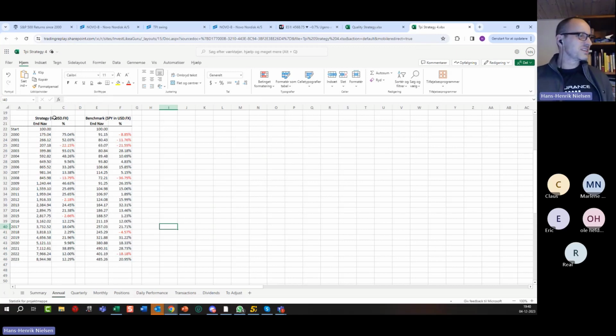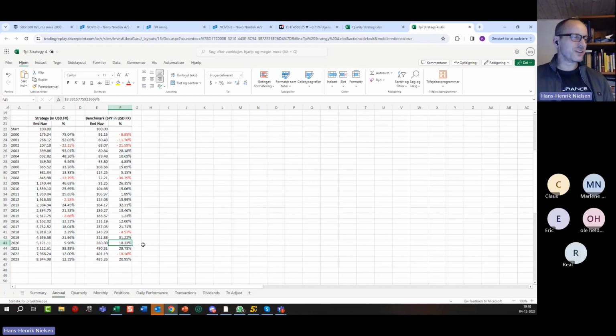But otherwise, you can see that actually the returns are fairly good. There are a few years where, for instance, so far in 2023, this strategy has made around 12%, and the market is up something like 20. So this year we are lagging the market. Also in 2020, it made around 10%. The market went up 18.